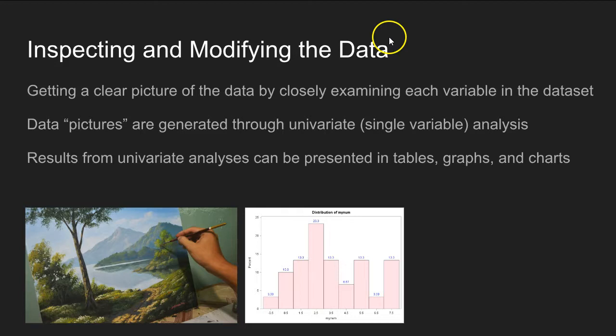And you can represent results from univariate analysis in different ways. You can share tables, graphs, and charts. I'll give some examples of these univariate visual representations of data that researchers can produce to get a picture of the distribution of data within your data set.